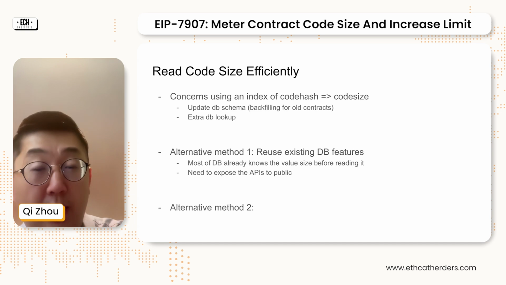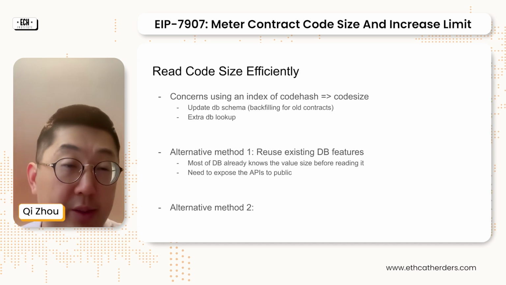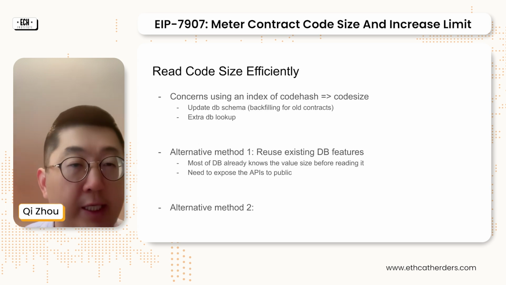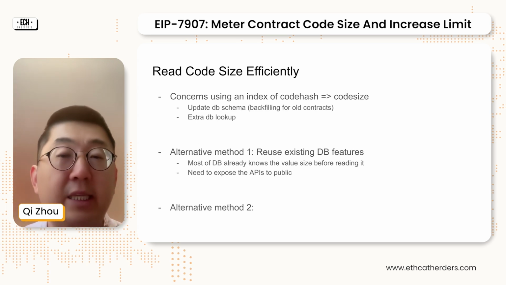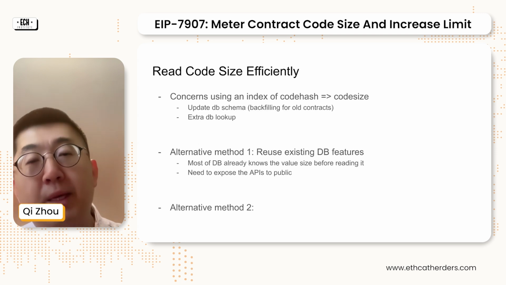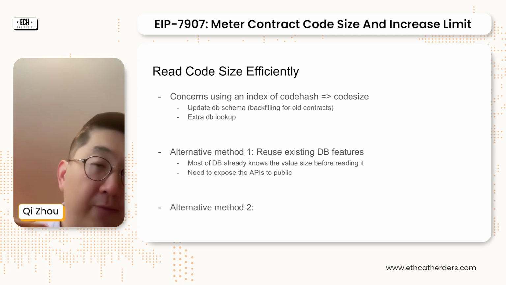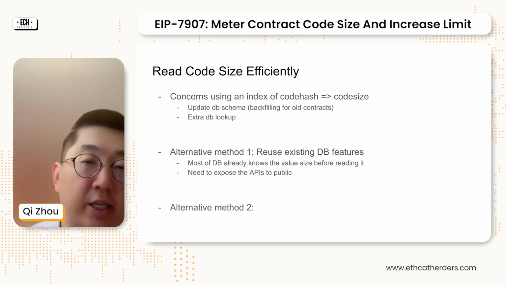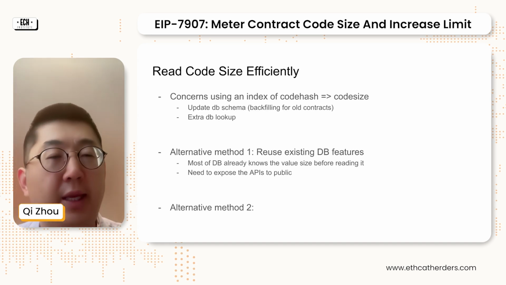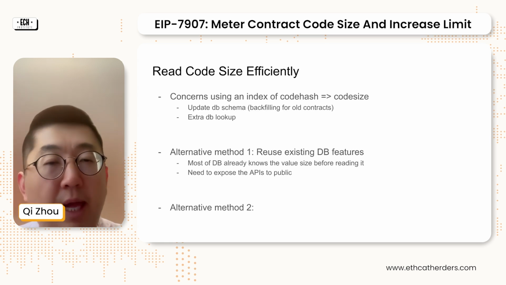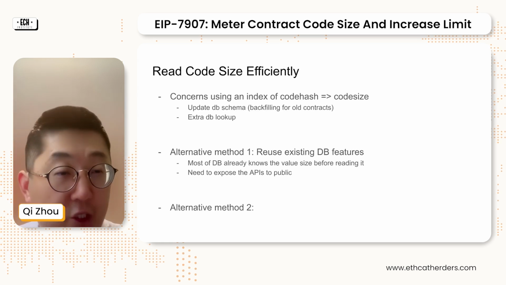Now I would like to upgrade the node to support these large contracts, which means that we have to upgrade the existing database with existing data. We need a technique called backfilling, whose basic idea is to have a background thread that scans all the old contracts and tries to write this index. And that definitely creates some additional complexity to implement this feature.